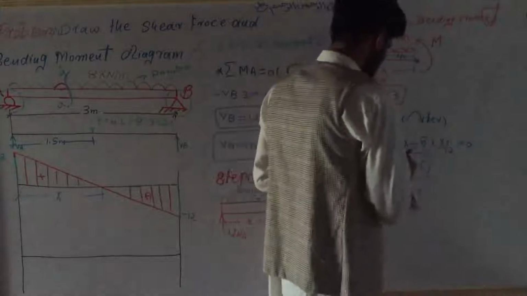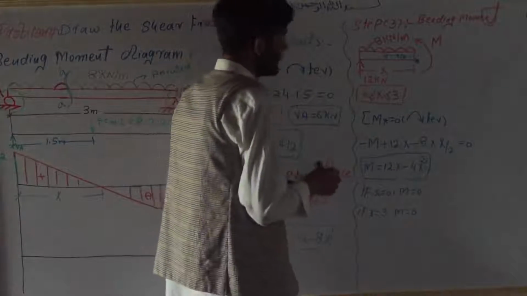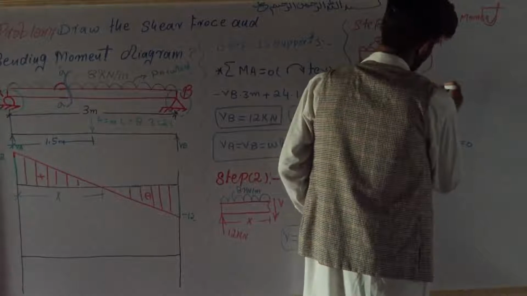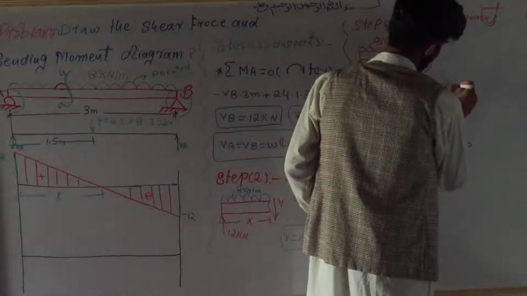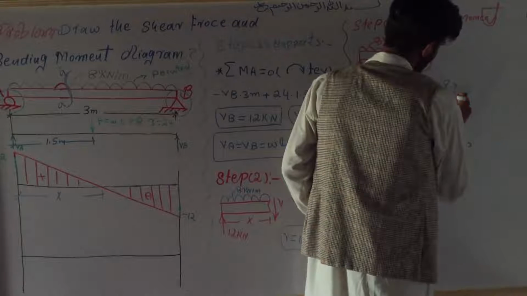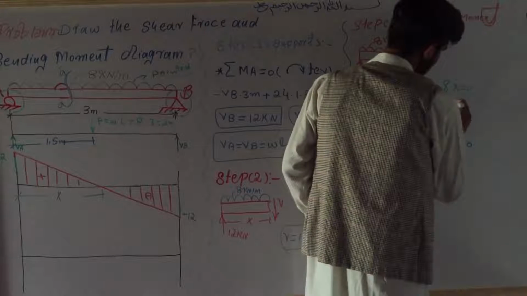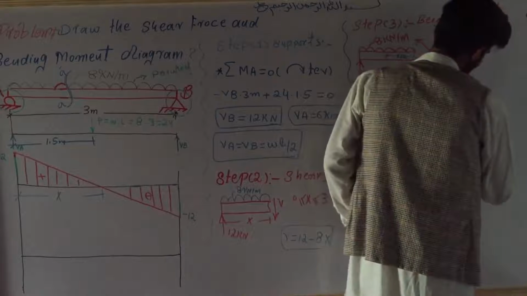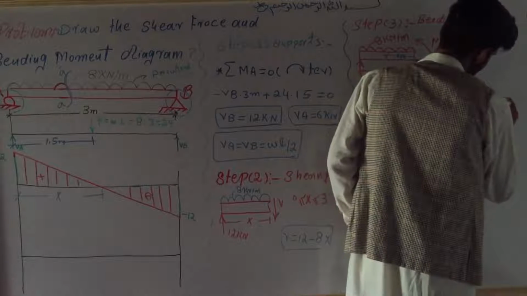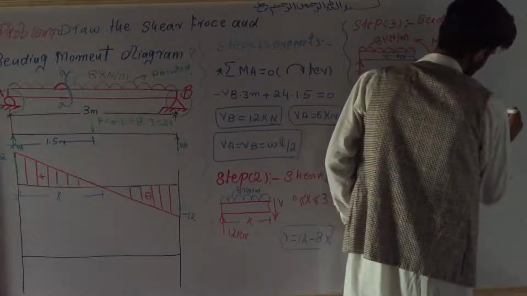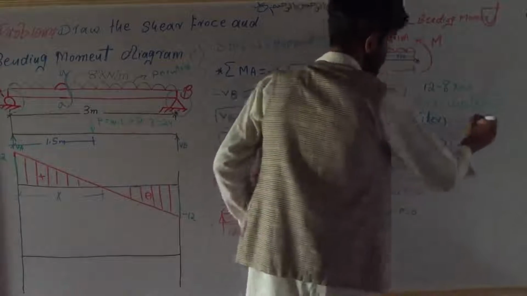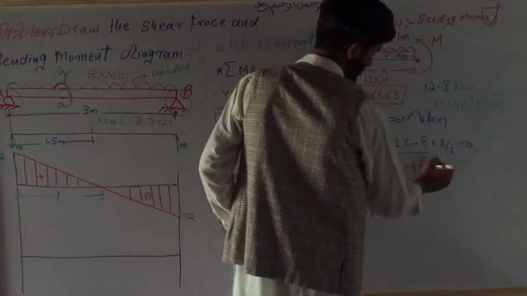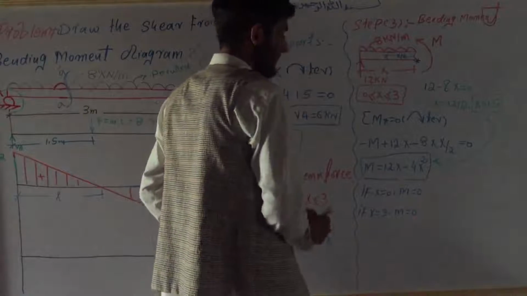So let's do it. I want to use this marker here: 12 minus 8x equal to 0. So we find this x value: 12 divided by 8, and it's equal to x = 1.5. Okay friends, so we should substitute this x into this equation to find M max. So M max equals 12 times 1.5 minus 4 times 1.5 squared.